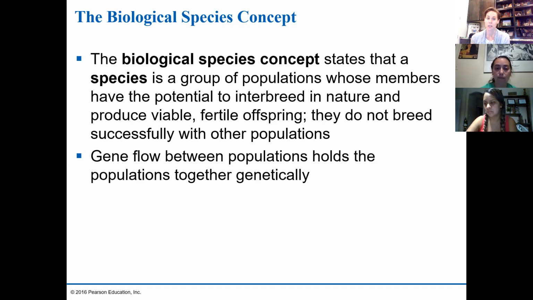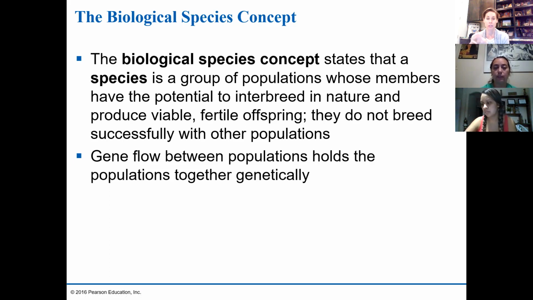So you can't be one species if, in the nature you're in, you can't come together. If you live on different continents or separate islands, you can be considered separate species. You have to interbreed in nature, and the offspring you produce must be viable and fertile.